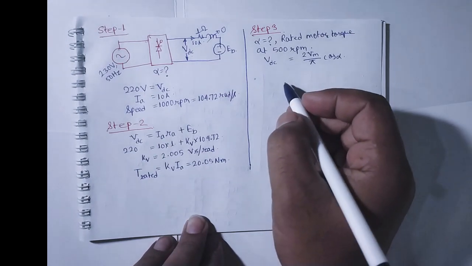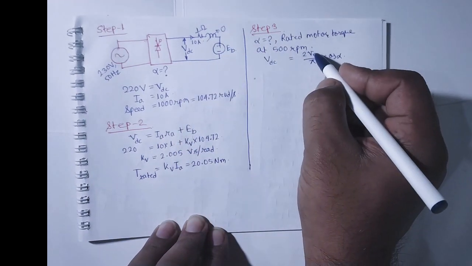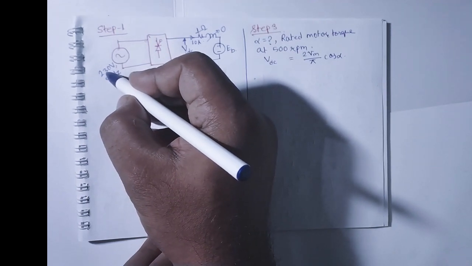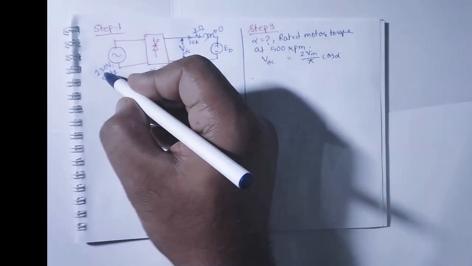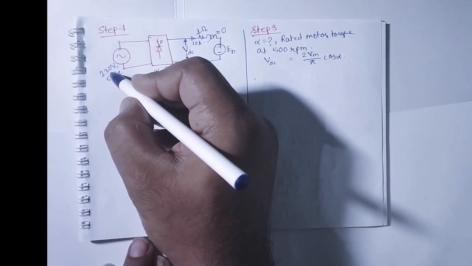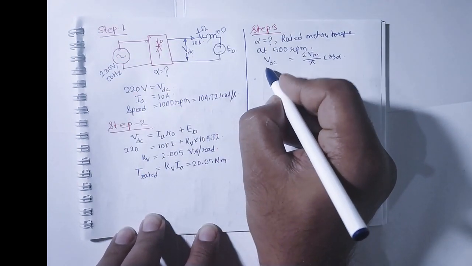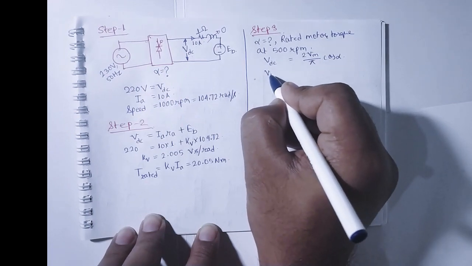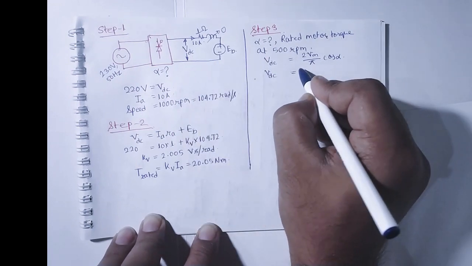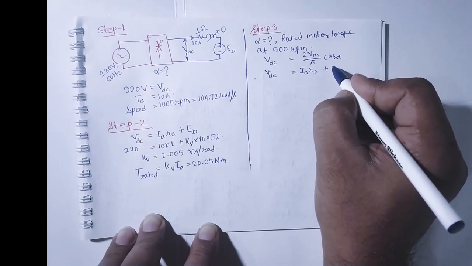Now this VDC is 2 Vm by pi cos alpha, where Vm is the peak voltage of this AC side. This is the RMS value, but Vm is actually the peak voltage of this 230 volt. So this VDC will be equal to IaRa plus EB.